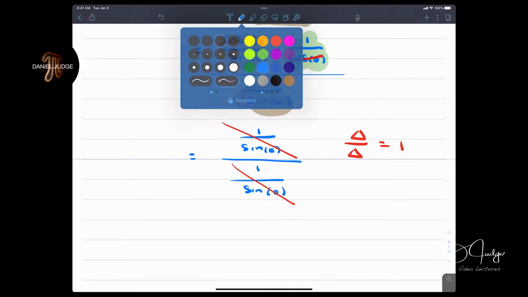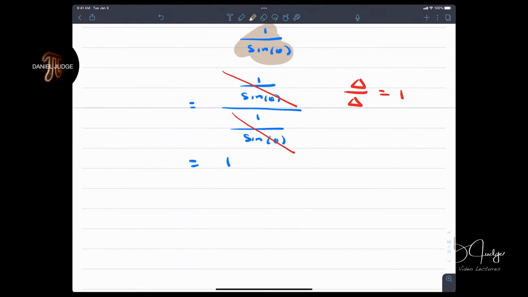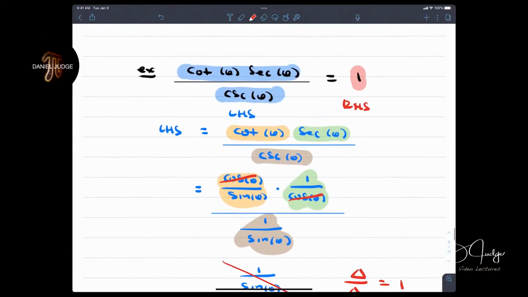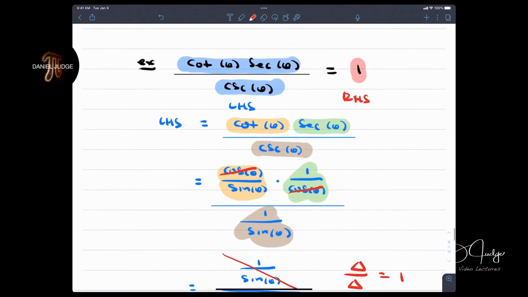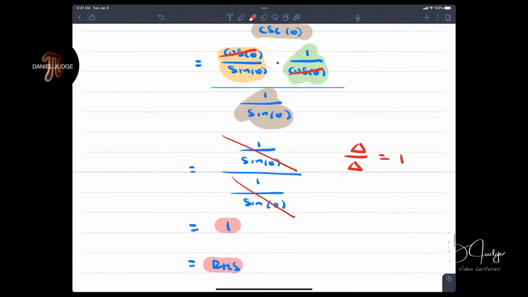So, ladies and gentlemen, this equals 1, which happens to be on your right-hand side. So I showed the left-hand side equals that right-hand side, okay? And there it is. And you are done with this question.